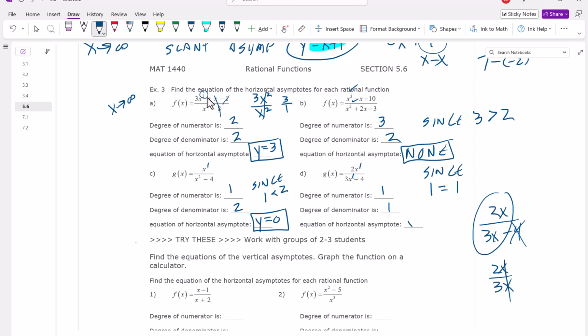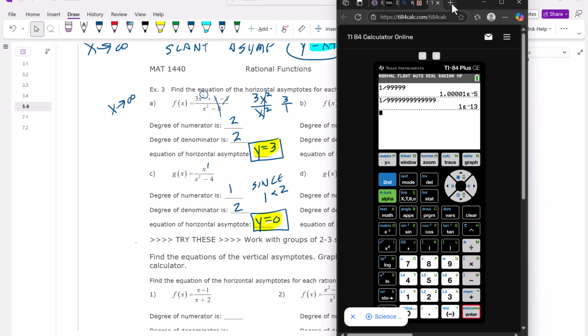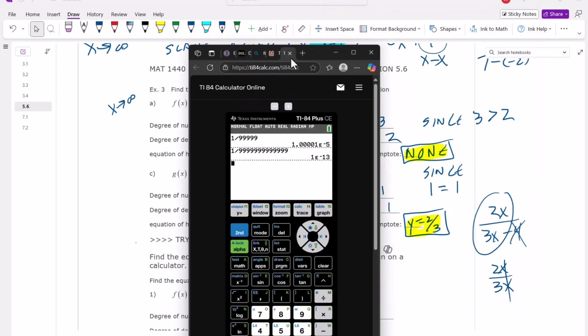Now, on these two problems I just did, your graphing calculator is a great thing to help you understand things. So I'm taking extra time on this video to show you how your technology can be very, very helpful to you. Okay, so I'm going to graph a couple of these things.